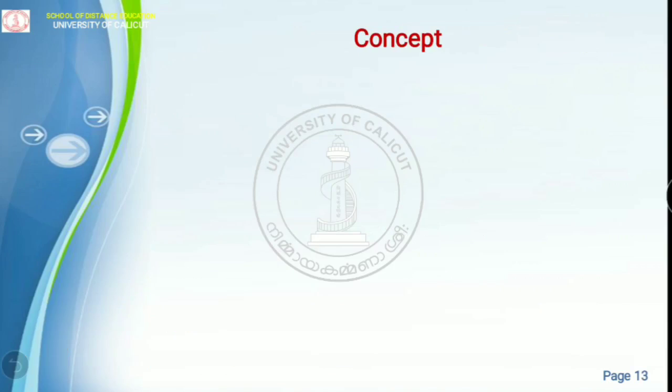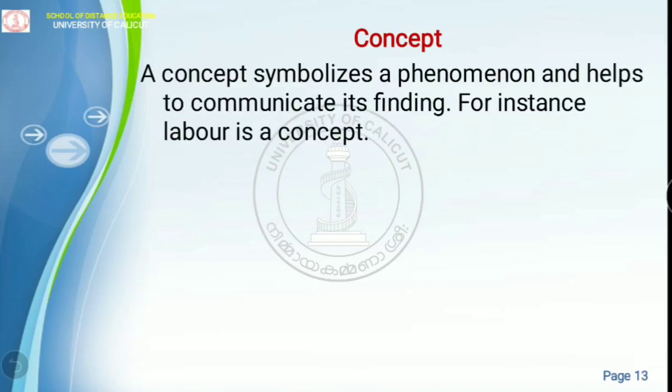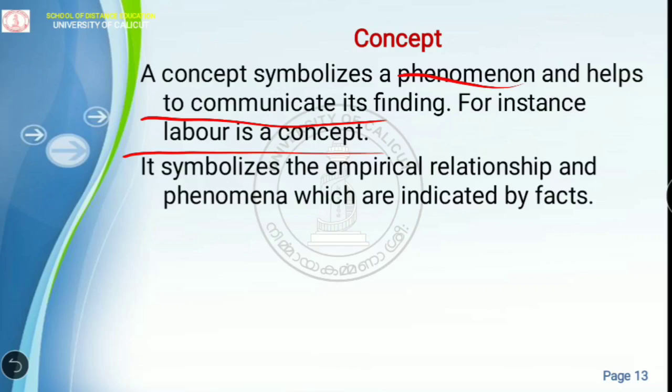So another term is concept. A concept symbolizes the phenomenon and helps to communicate its findings. For instance, labor is a concept. Richness is a concept. So it symbolizes the empirical relationship and phenomena which are indicated by facts.